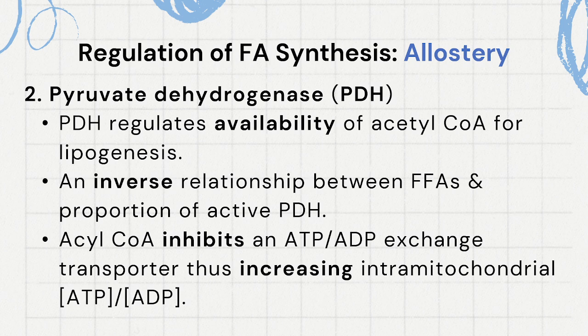Pyruvate dehydrogenase regulates the availability of acetyl-CoA for lipogenesis because it synthesizes acetyl-CoA from pyruvate. There is an inverse relationship between free fatty acids and the proportion of active pyruvate dehydrogenase.